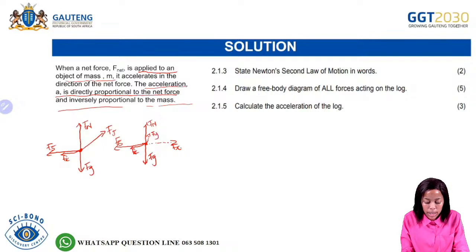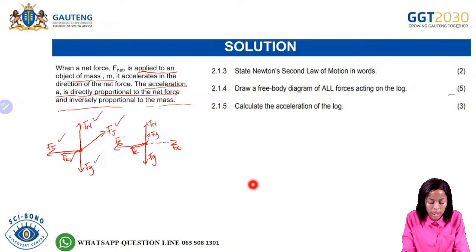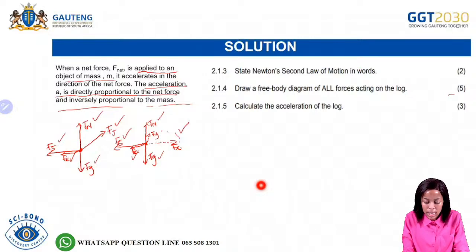So this has a total of 5 marks. You will be given 1 mark for the normal force, gravitational force, the force for Sipho on the left, the frictional force on the left hand side, and the force for Jerry on the right hand side.